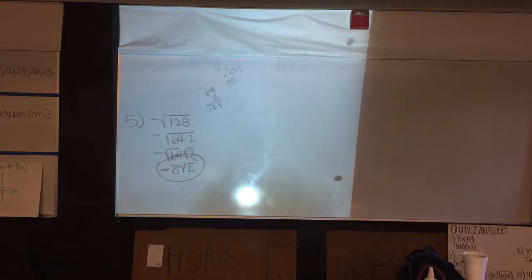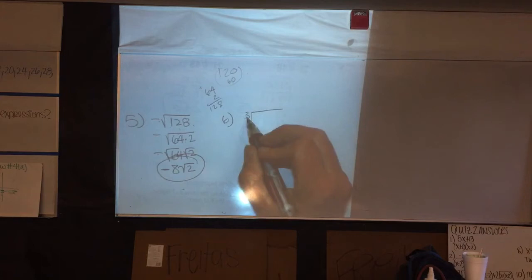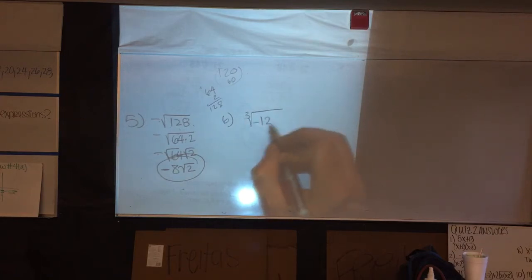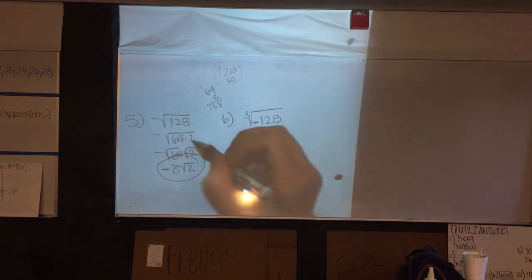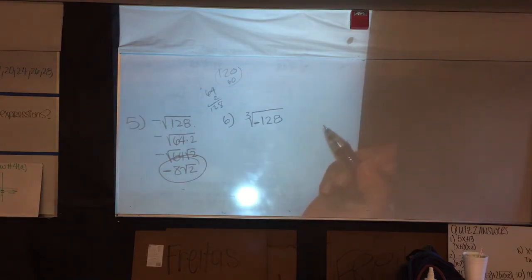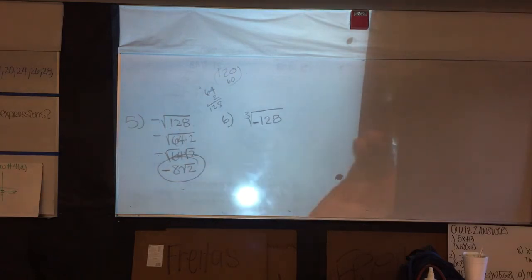The cube root in number 6, my index is a 3, and so this time I have the negative inside, and I can cube root a negative. Okay, so that's okay to have it here in the middle. 64 and 2 worked with square roots. It just so happens that 64 is a cube value as well.